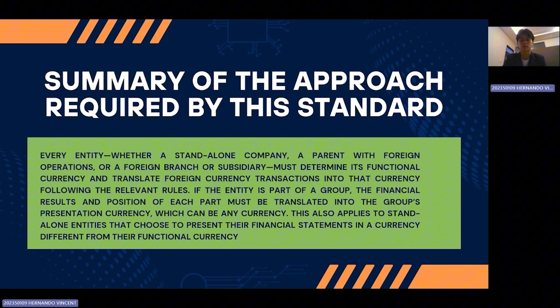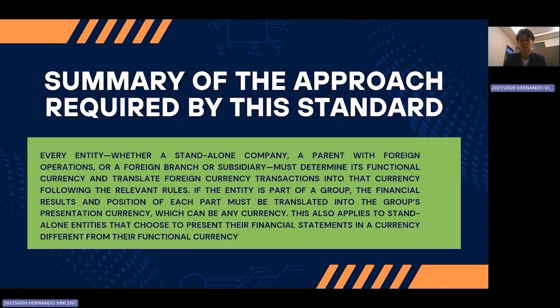Okay, let's now take a closer look at the core approach that IAS 21 requires. The standard applies regardless of the type or structure of the company, whether it is a standalone business with limited foreign exposure, a parent company with multiple foreign subsidiaries, or simply a branch located in another country.